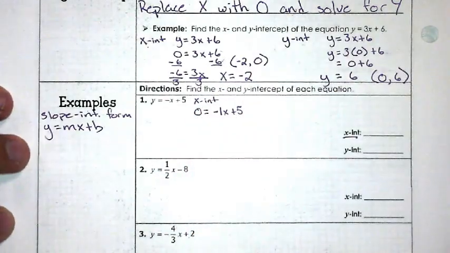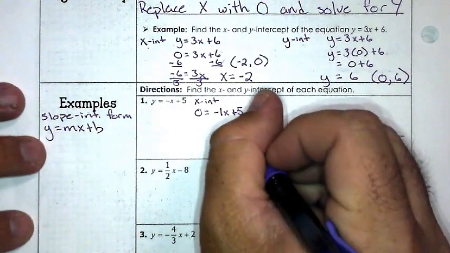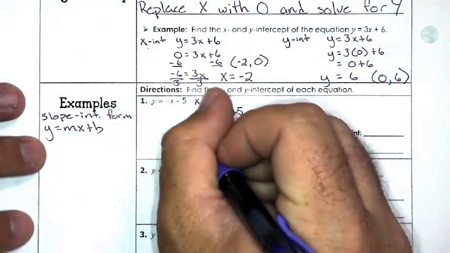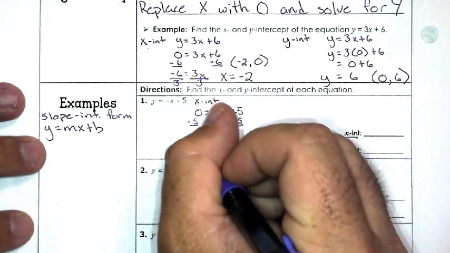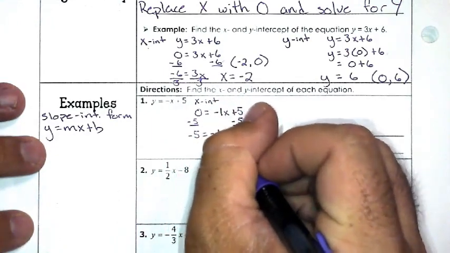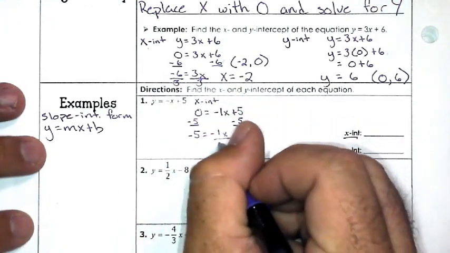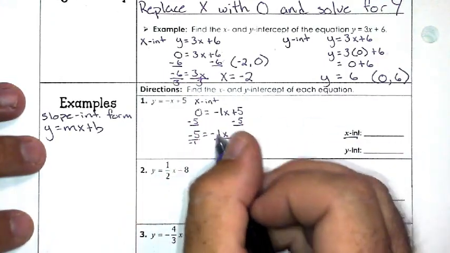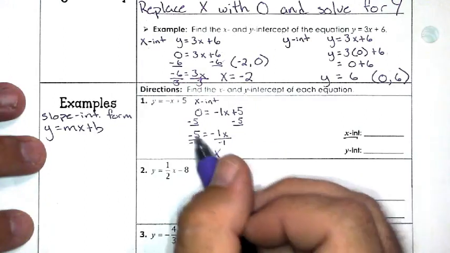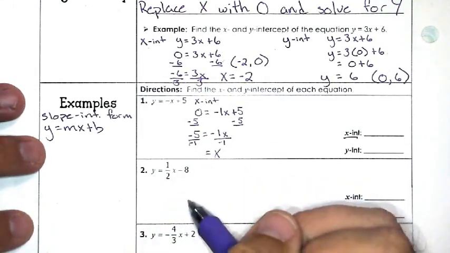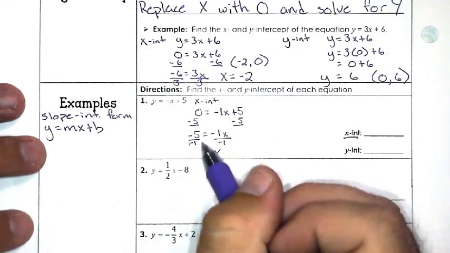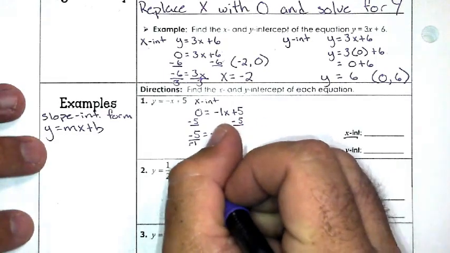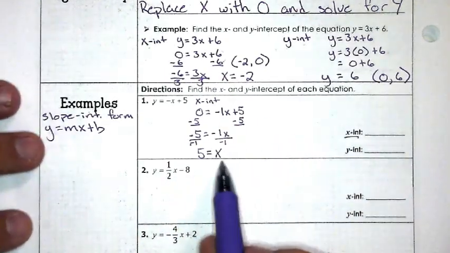I do that so I can solve. Move the constant. Negative 5 equals negative 1x. Isolate our variable. That gives me x. Negative divided by negative is a positive. 5 divided by 1 is 5. Now, x does equal 5.